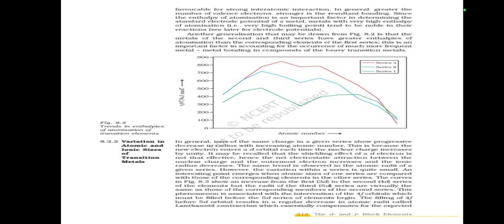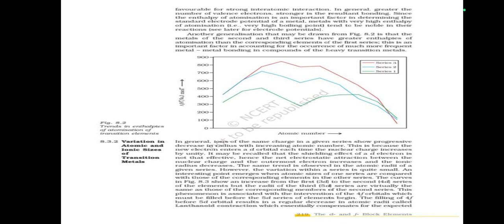The same trend is observed in the atomic radii of a given series. However, the variation within a series is quite small, and an interesting point emerges when atomic sizes of one series are compared with those of the corresponding elements in the other series.